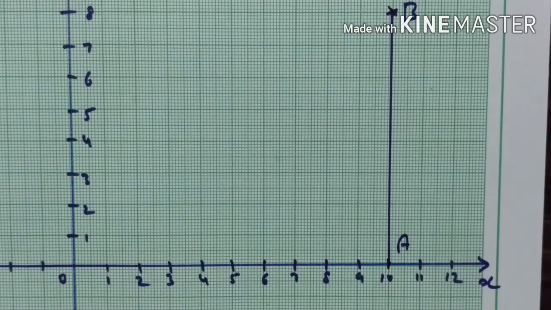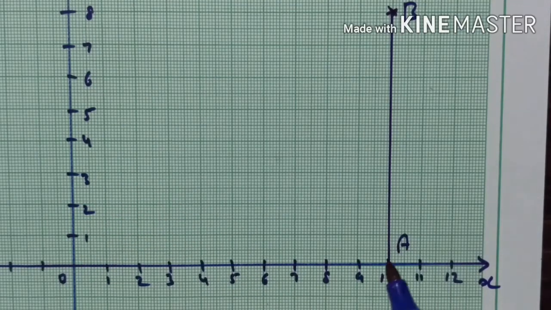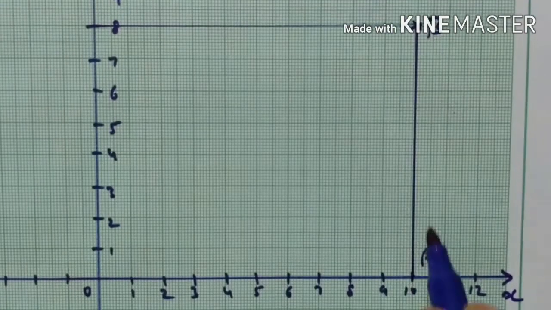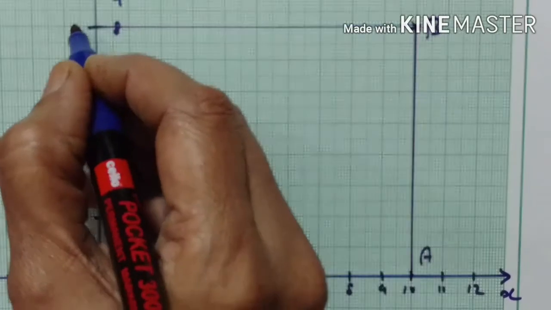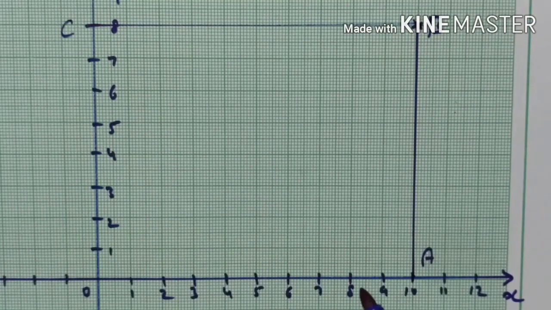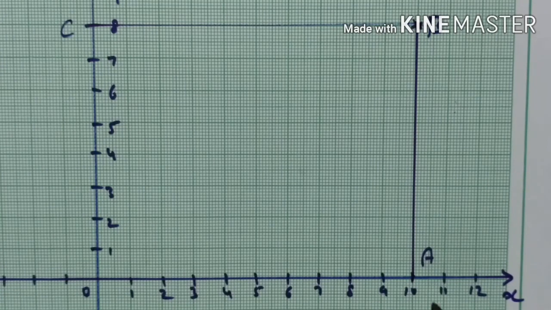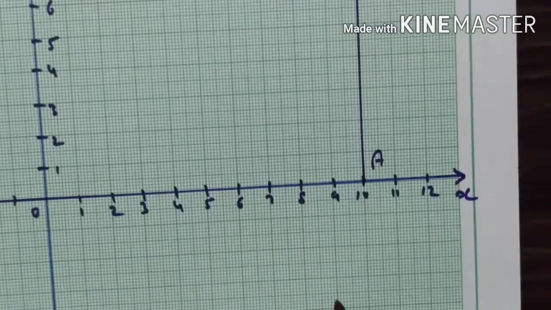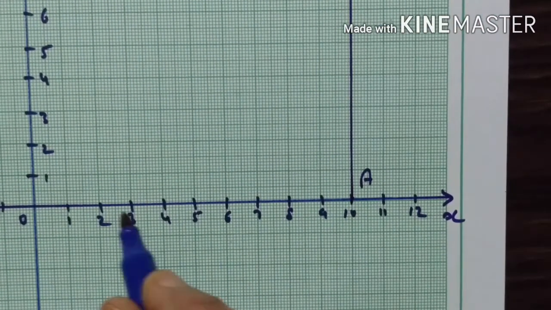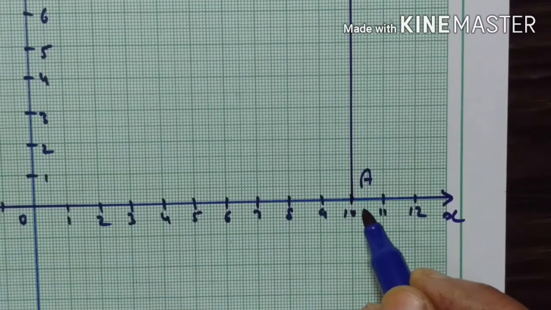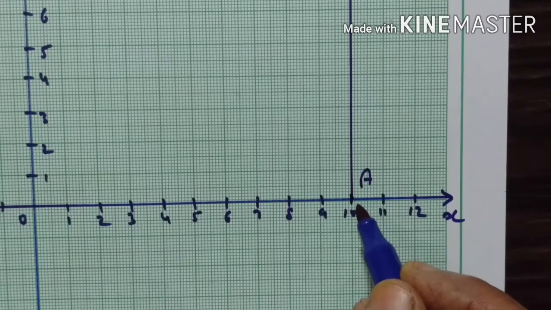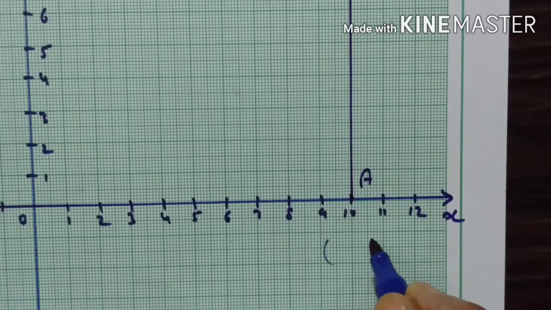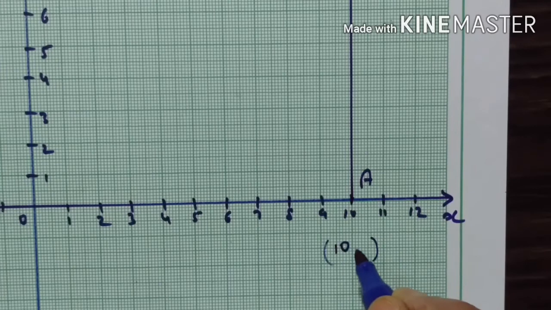OABC is a rectangle. We have to find the coordinates of vertices A, B and C. What is A? It is on the x-axis. Therefore, y is equal to 0. X is 10 and y is 0.